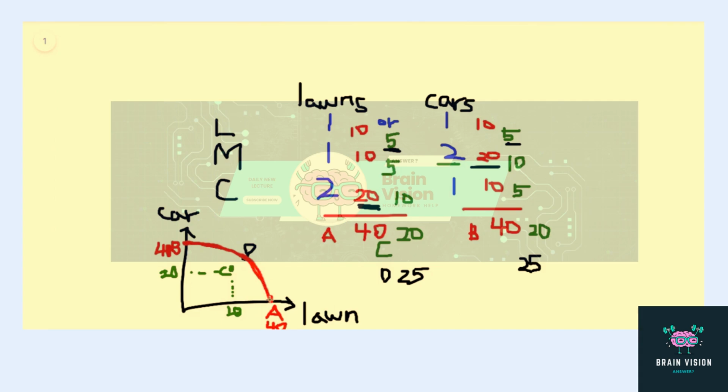Okay, so once we drew this, we can answer the following question. Question C, explain why the production possibilities frontier has the shape it does. So, yeah, I just explained that. So within the frontier, these are all production sets that are attainable.